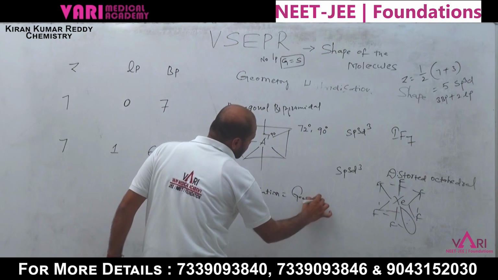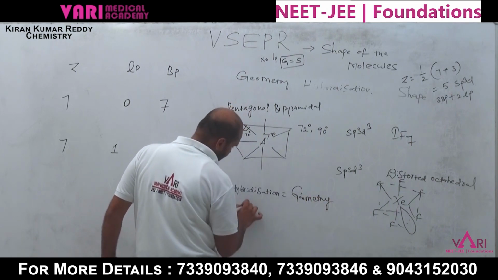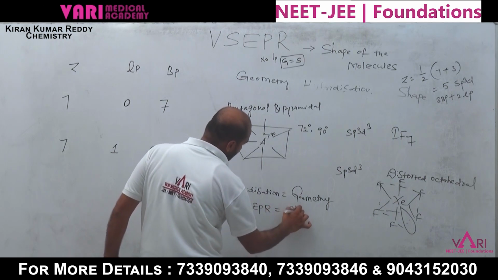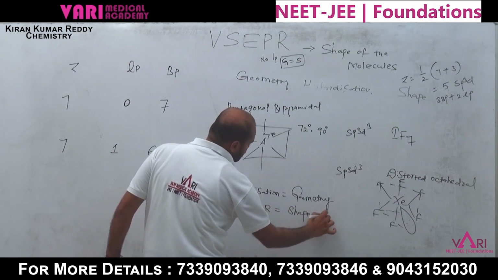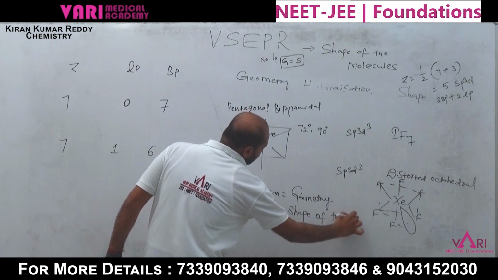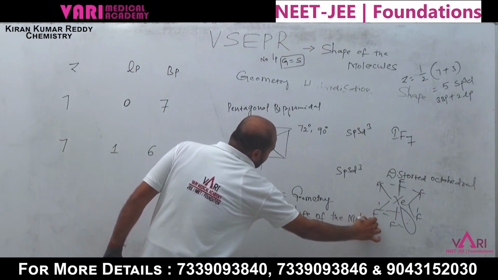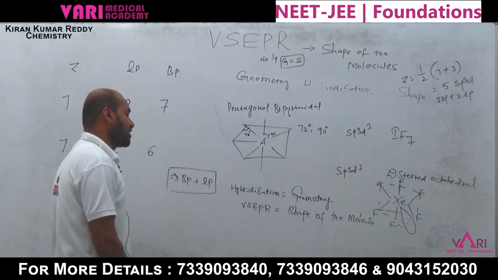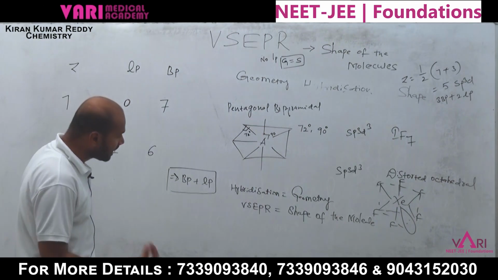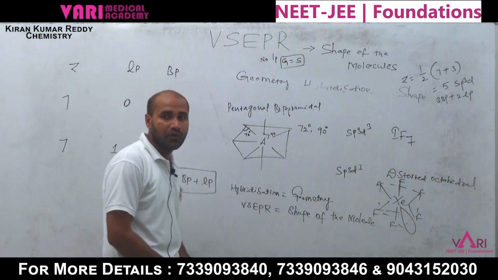But VSEPR, valence shell electron pair repulsion theory, explains the shape of the molecules. If lone pair is absent, shape is equal to geometry. If lone pair is present, shape is not equal to geometry.